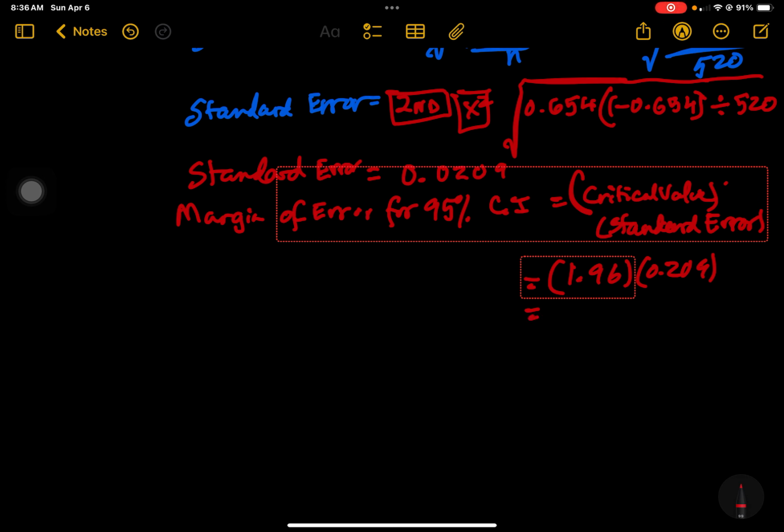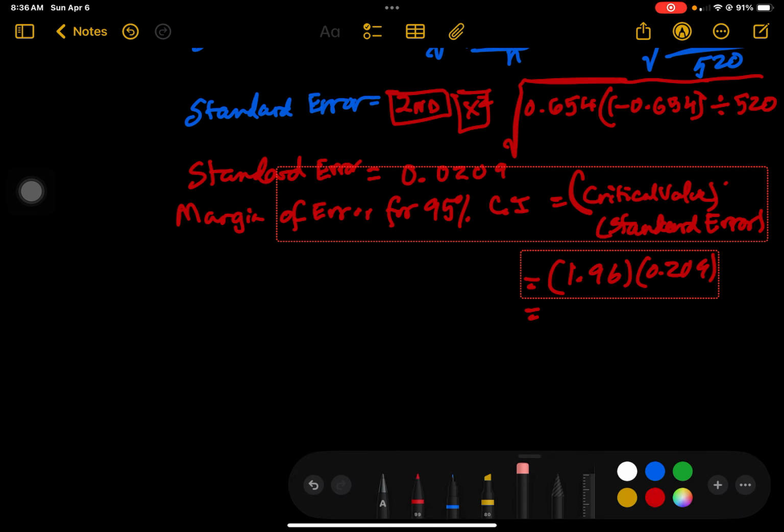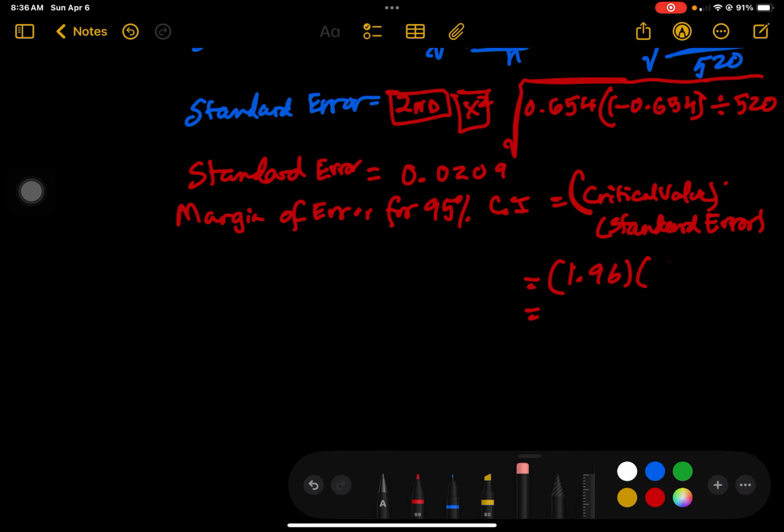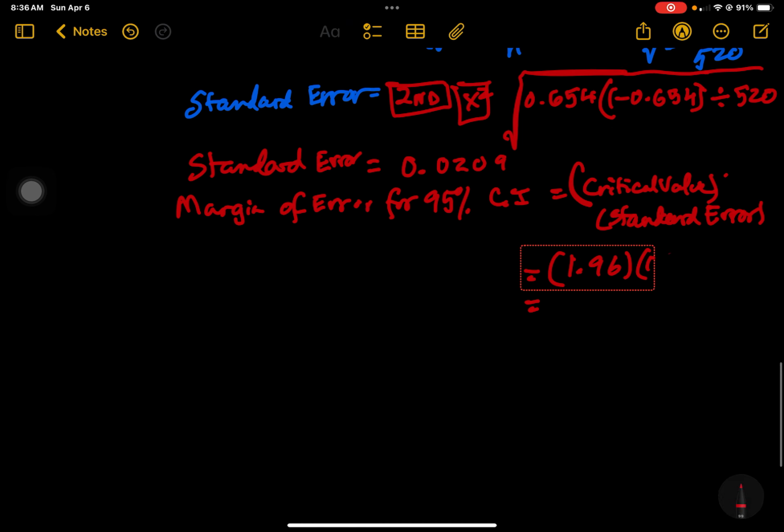I made a mistake, so I have to correct it. So 1.96 times 0.0209, and that is equal to 0.0409.